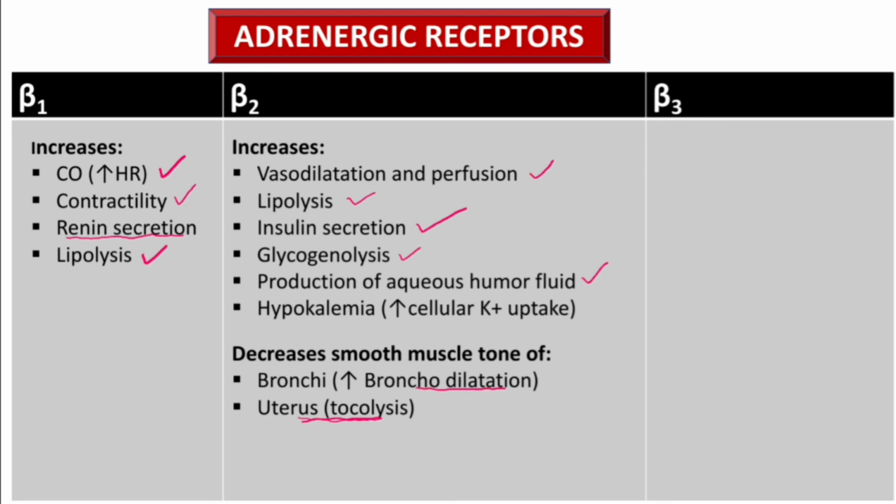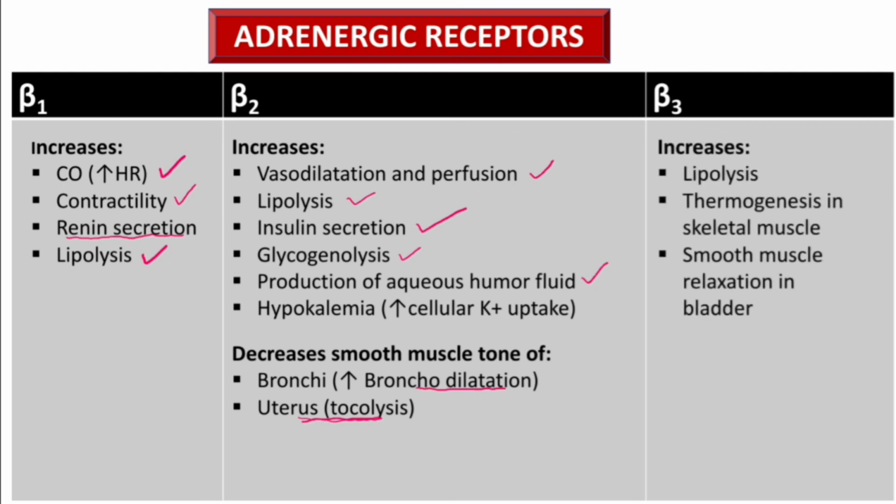Now let's talk about the last one, beta 3. If you stimulate beta 3, there will be increased lipolysis. So I indicated here with a circle. You need to remember this. There's increased lipolysis if you stimulate beta 3. There are more beta 3 receptors on the adipocytes, and also if you stimulate beta 3 in the skeletal muscles, there will be increased heat production, thus thermogenesis.